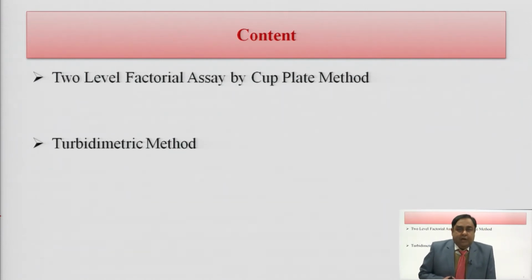So, we are taking the help of solid nutrient agar media. In case of the other method, which is called the Turbidimetric method, we are utilizing a liquid media, and in this liquid media we are measuring the turbidity.